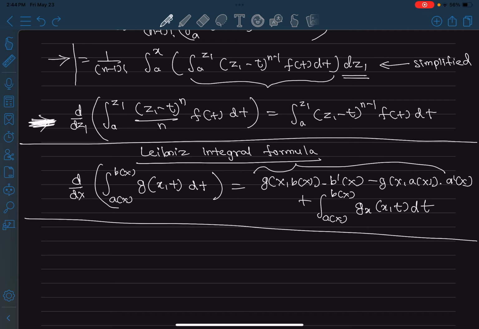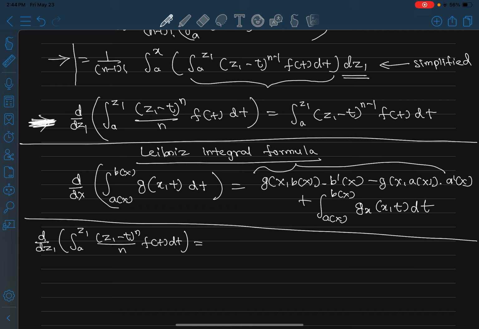Over here, x is basically z1. Do remember that. So d dz1 of a to g1, where a is a constant and g1 is a variable, of g1 minus t to the power n by n f of t dt. Now this will first be g of x comma b of x.